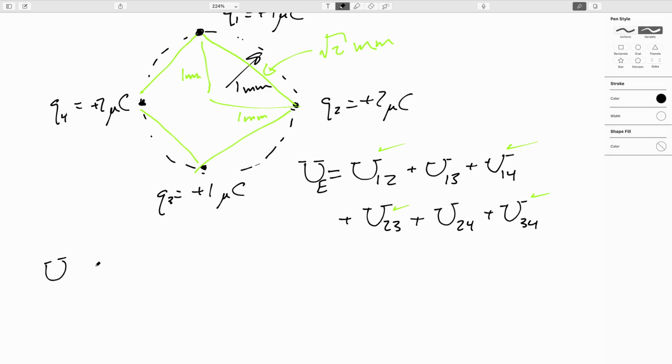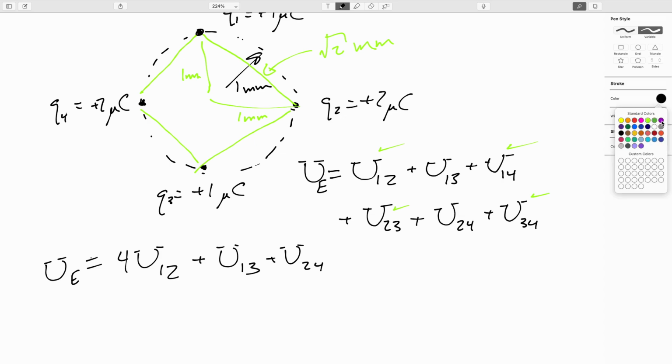We can write this as 4U12, recognizing the equality of those 4, plus U13 and U24. Even here, if you wanted to be really clever, the separations between the charges are going to be 2 millimeters in both cases.